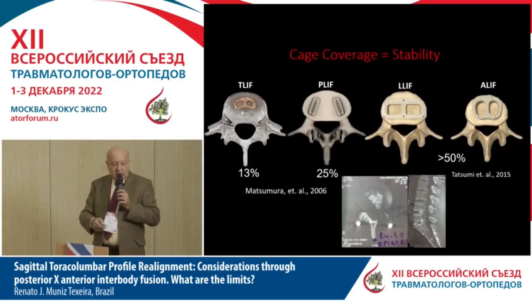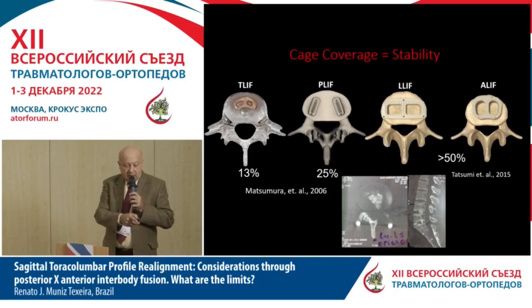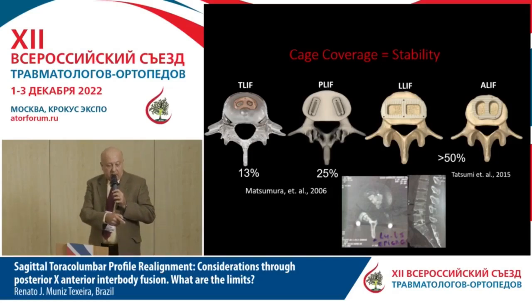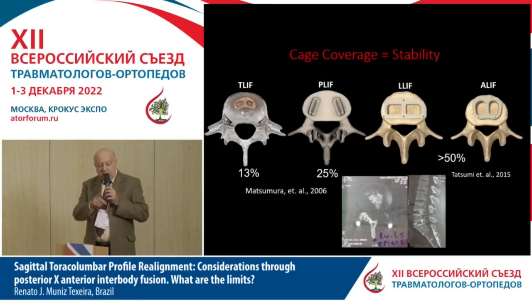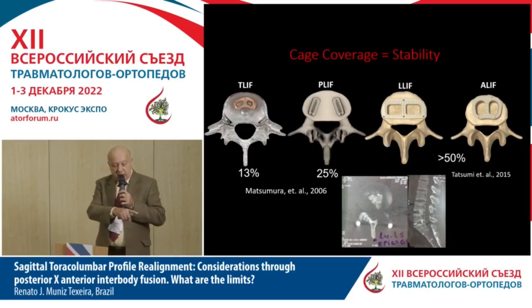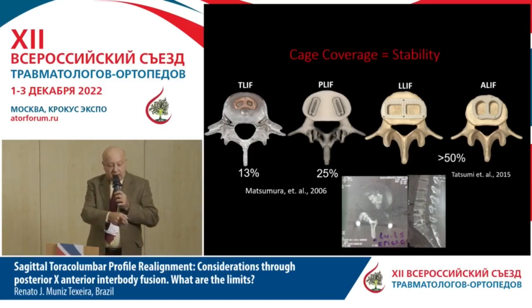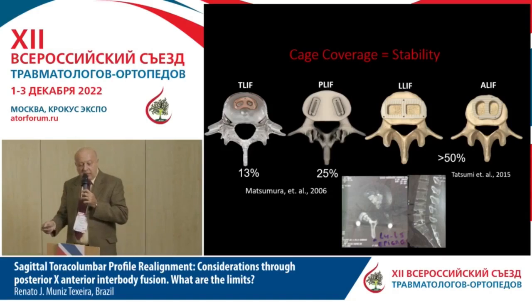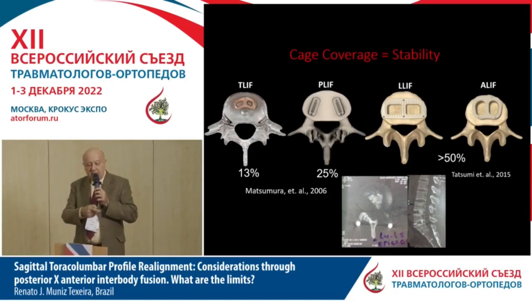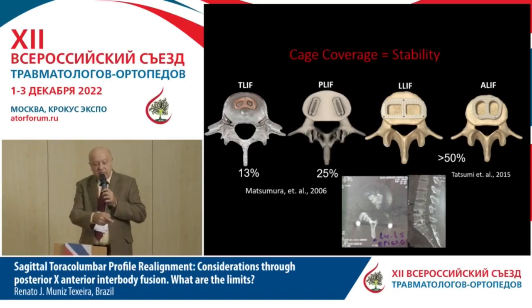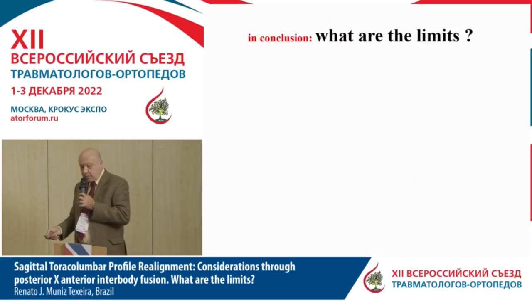When you use coverage for stability, you can have a good coverage of bone chips if you insert around the cage, getting 50% or more cover of bone chips, the same as you get in TLIF, if you can use an extra bone.